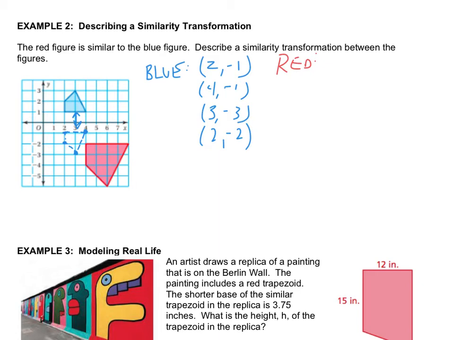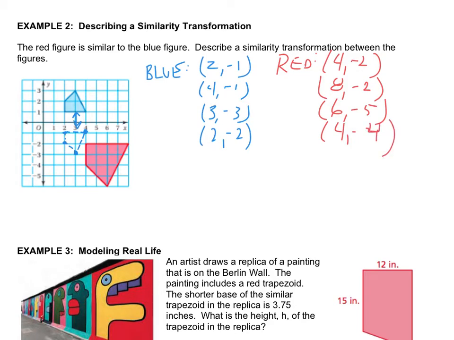Going through that same order, the very first one in the upper left-hand corner is (4, -2). Then I would move across to (8, -2), all the way down to the bottom to (6, -5), and then I would see (4, -4).